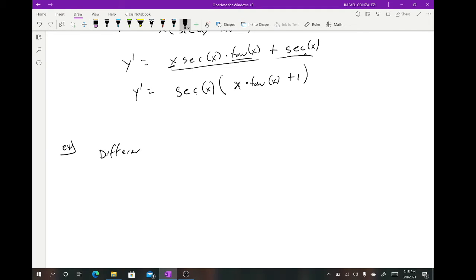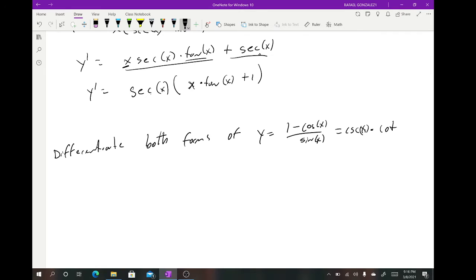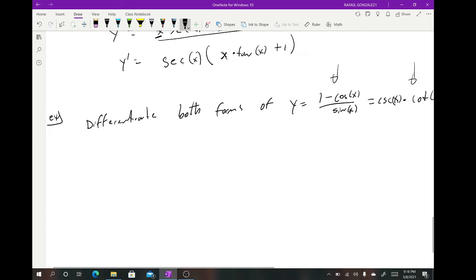So we want to differentiate both forms of y equals 1 minus cosine of x over sine of x, which is actually equal to cosecant x minus cotangent x. If you were to simplify this, you get this. That's basically what this is saying. What I'm going to do is first take the derivative of this part and then the derivative of that part, and then show that the derivatives are actually equal.